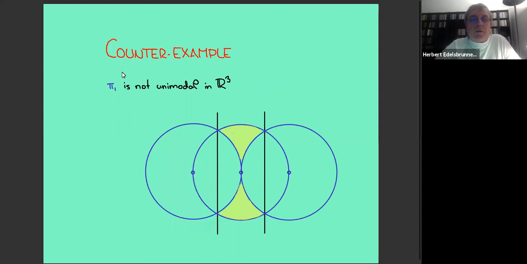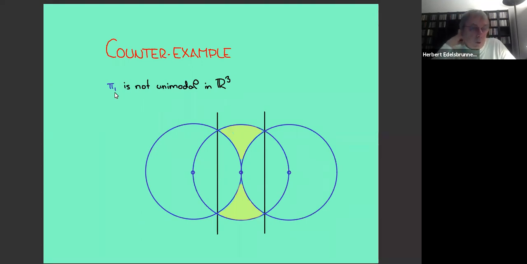And to give you a feeling that not everything is unimodal, here is a natural measure which is not unimodal. So this pi1, remember pi1 is the probability that my point is in exactly one sphere. This is not unimodal in 3 dimensions.